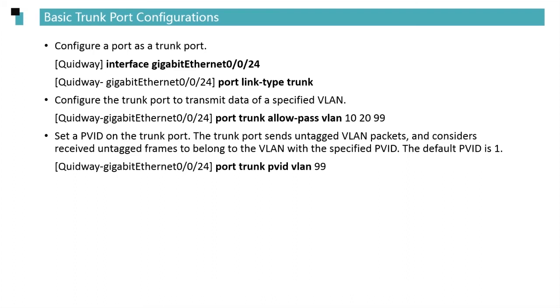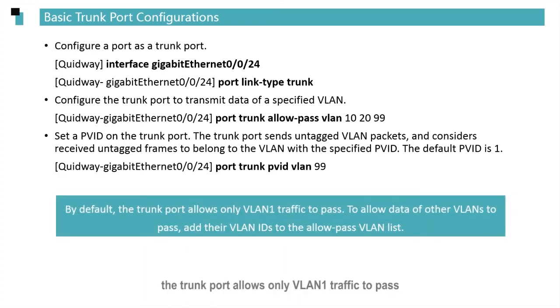On the other hand, after receiving untagged frames, the trunk port considers them to be from VLAN 99. The default PVID is VLAN 1. By default, the trunk port allows only VLAN 1 traffic to pass. To allow data of other VLANs to pass, add their VLAN IDs to the allow-pass VLAN list.